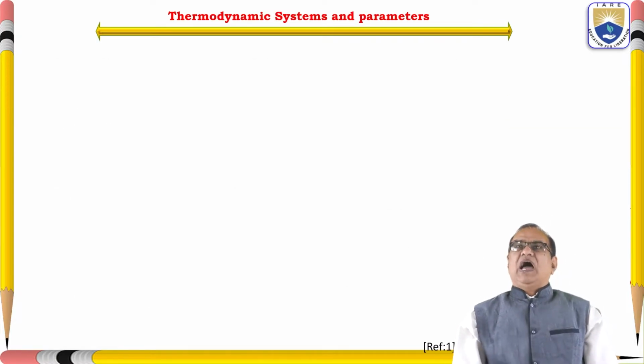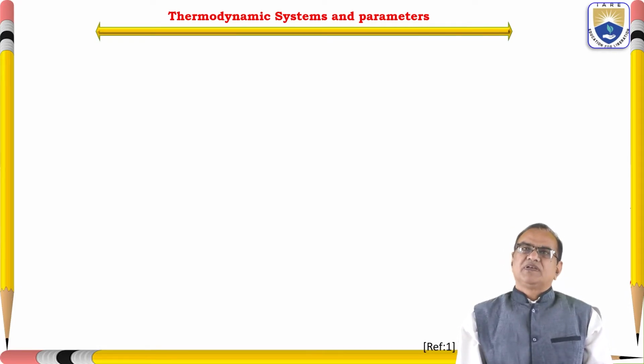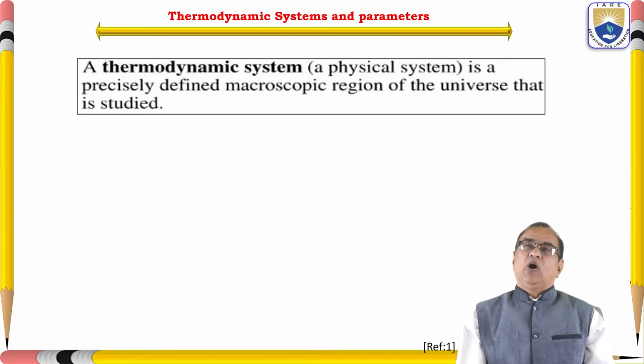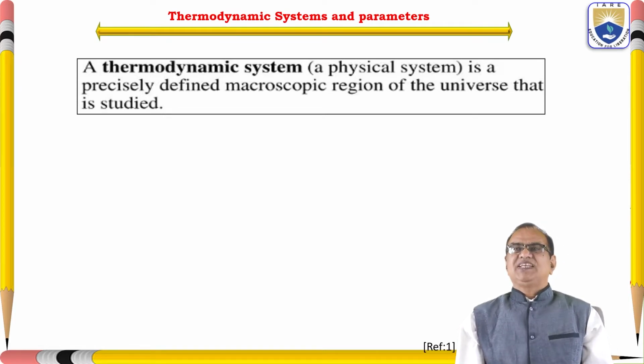Now I will discuss thermodynamic systems and the parameters. Here we will see the meaning of a thermodynamic system. A thermodynamic system, a physical system, is a precisely defined macroscopic region of the universe that is studied.